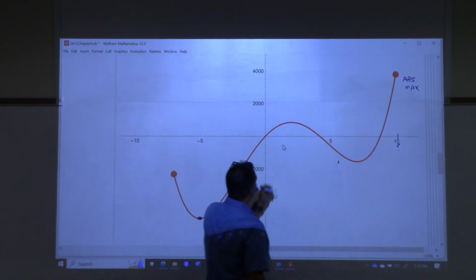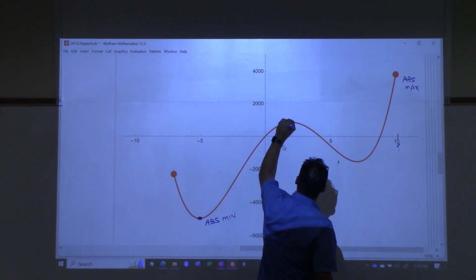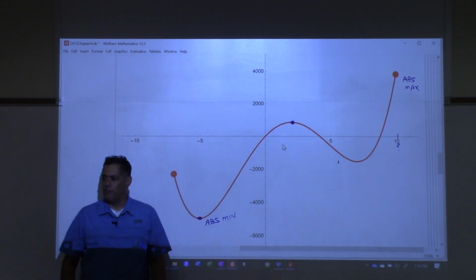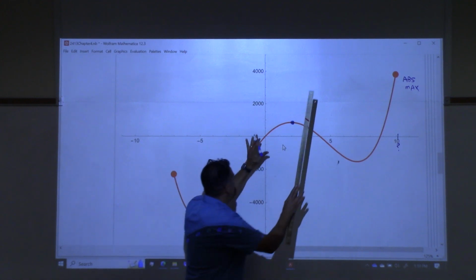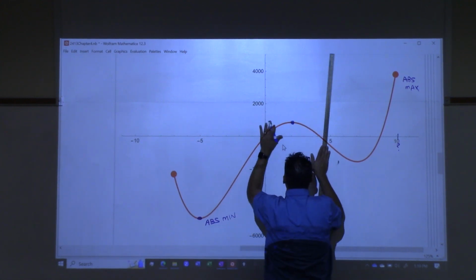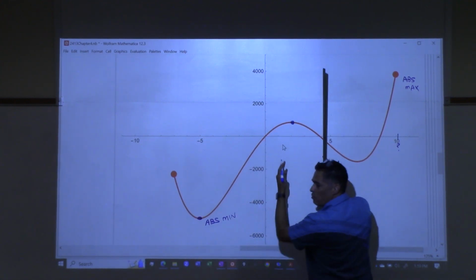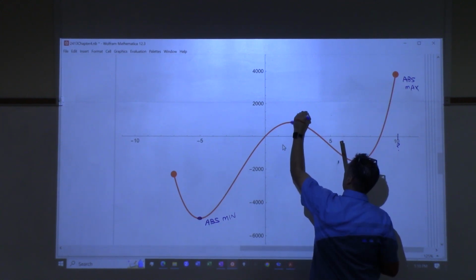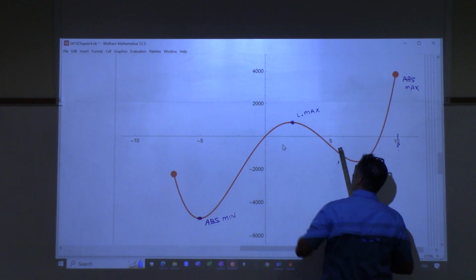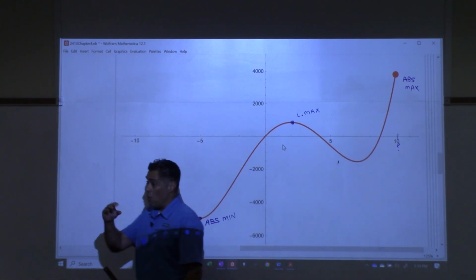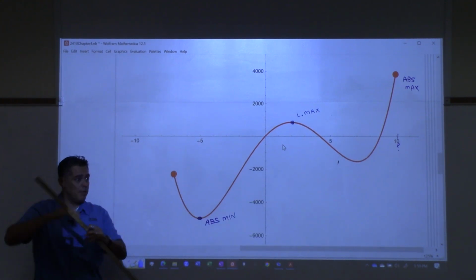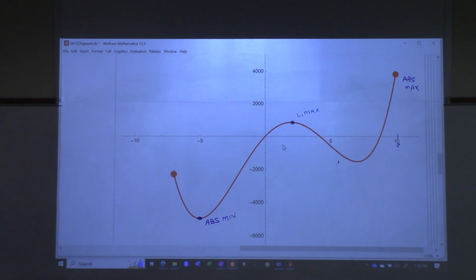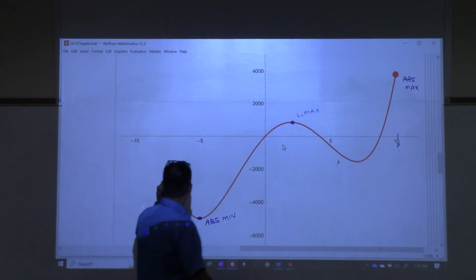Yeah, I agree. That is a local maximum. Why? Because if we just focus our attention right here in this little region, it's the highest point in that little area. So I'm going to put L max, is that okay? L for local. That's a local max, and the local max would be the Y value, whatever that Y value is. The left endpoint would also be a local max.